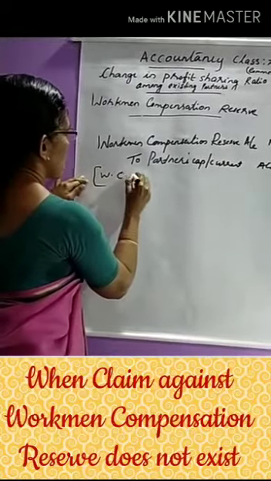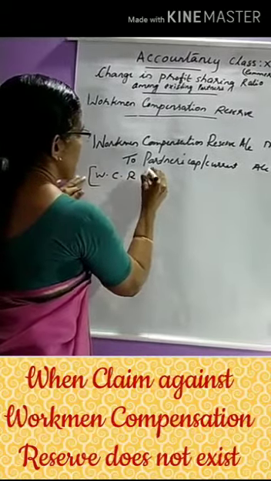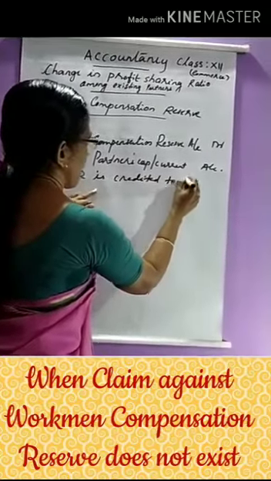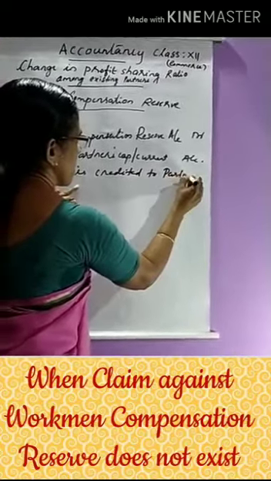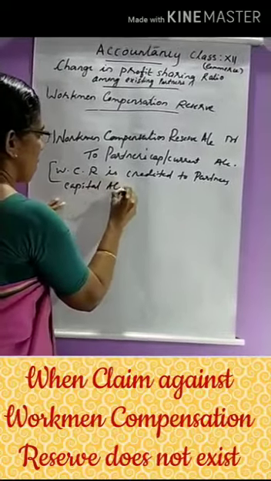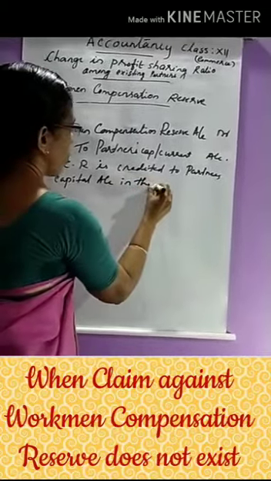Workman compensation reserve is credited to partners' capital account in the old ratio.